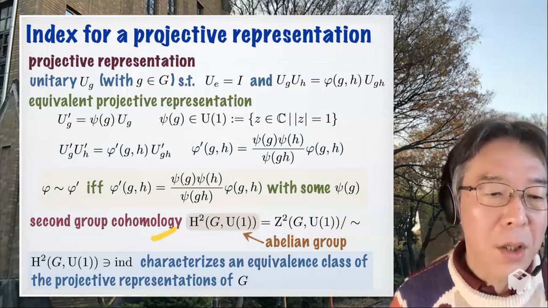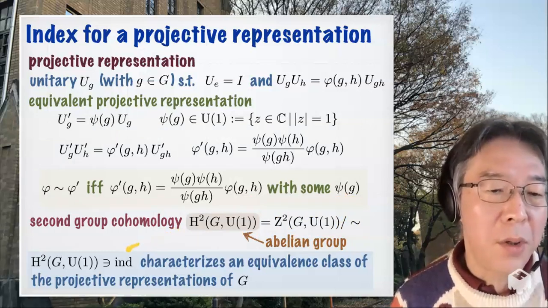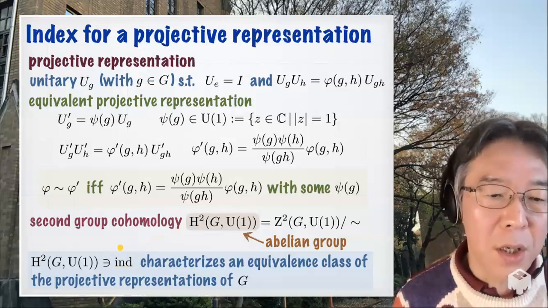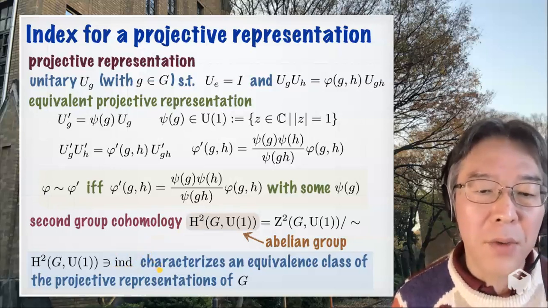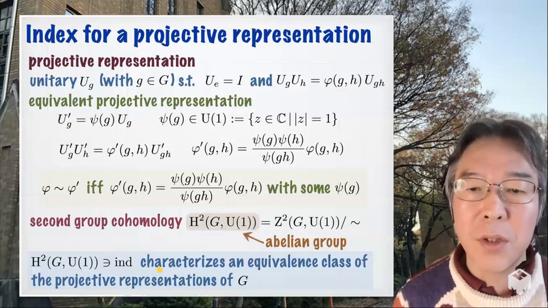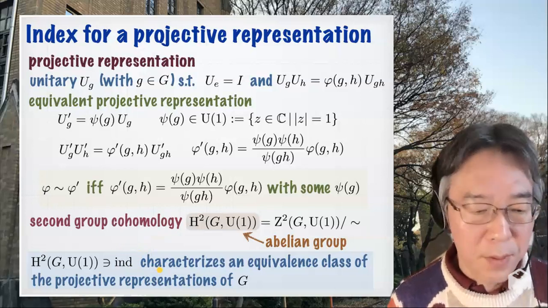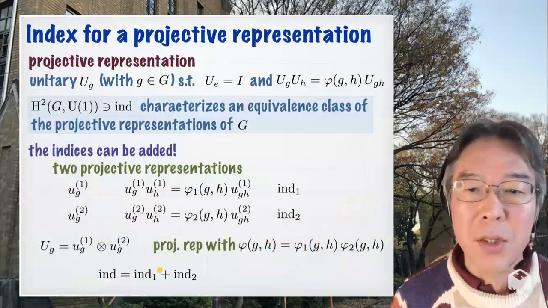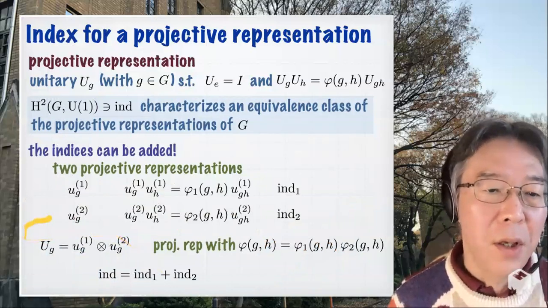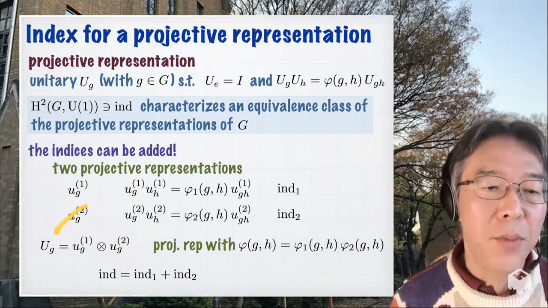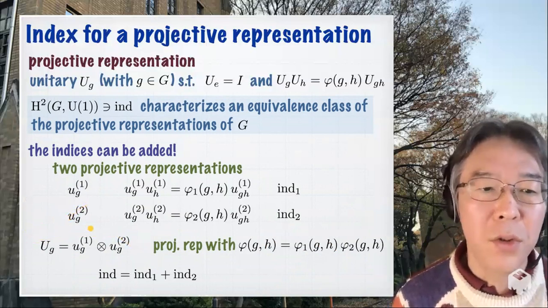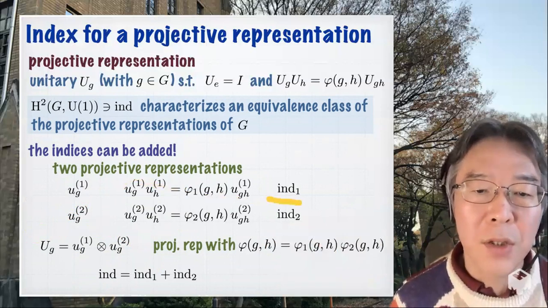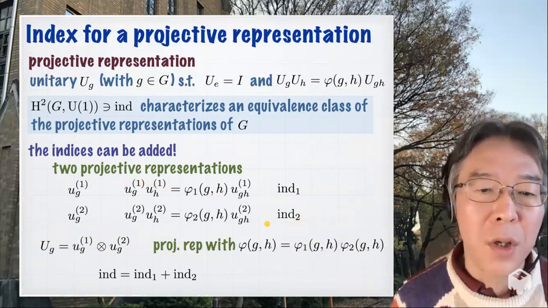The meaning of this H2, the second group cohomology, is that its element, which we call the index, characterizes an equivalence class of projective representations of G. A very important property of these indices is that they can be added. Suppose that we have two projective representations, U_g1 and U_g2, on different Hilbert spaces with indices ind1 and ind2.